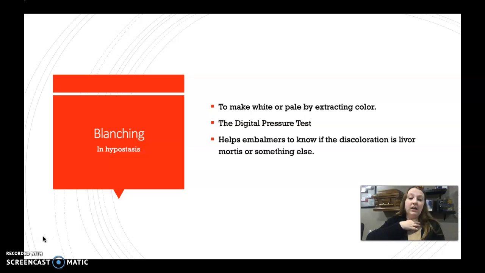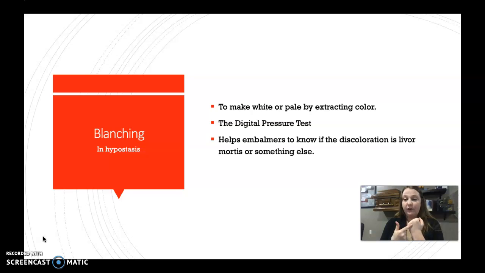Blanching and hypostasis: Webster's dictionary defines blanching as to make white or pale by extracting color. Keeping that in mind, our textbook talks about the digital pressure test, which is with a gloved finger, pushing on the discoloration spot on an individual.